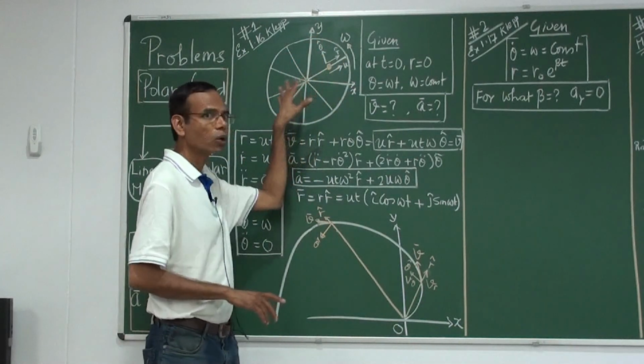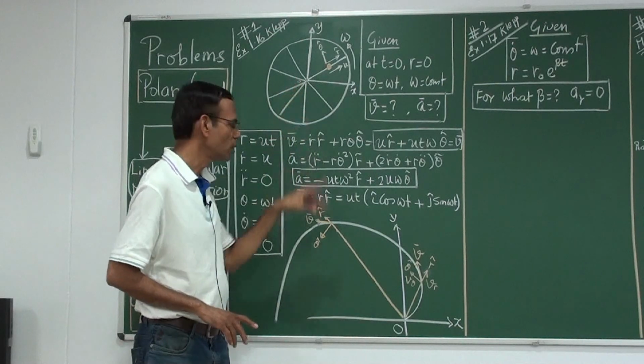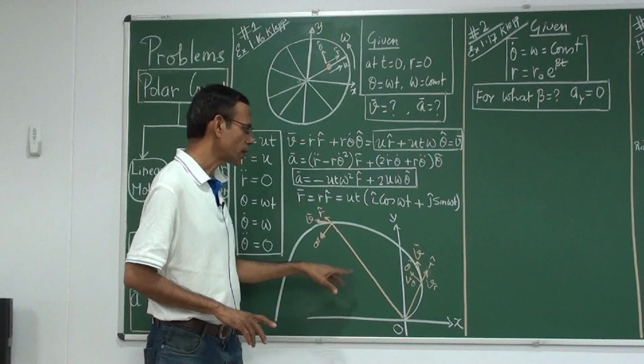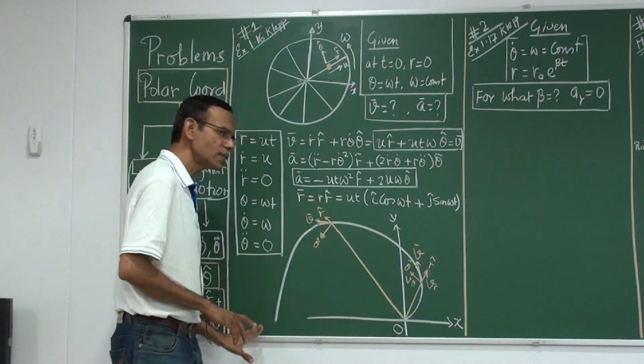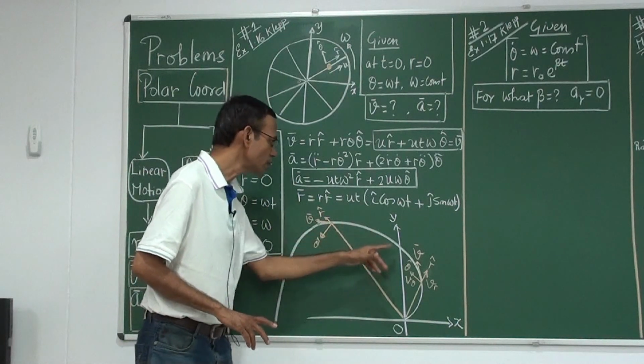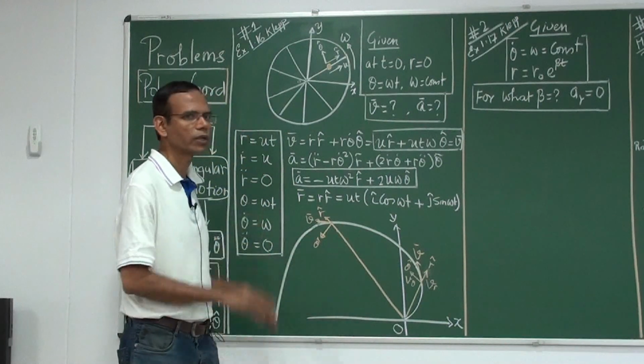Alright? So we will not see the actual path, but here in the polar coordinates, we see the actual real path of the particle along with its velocity or acceleration, whatever.